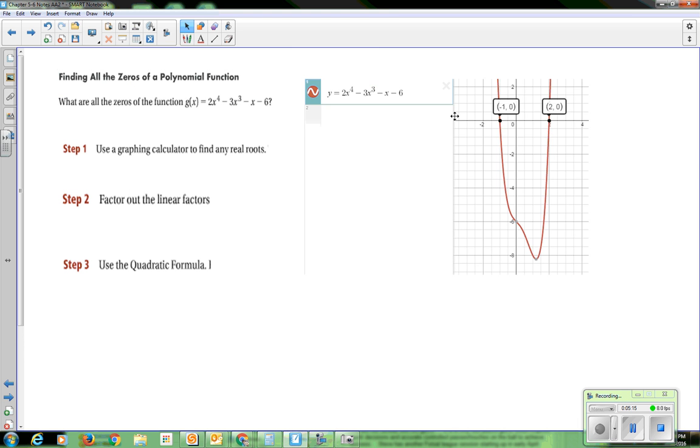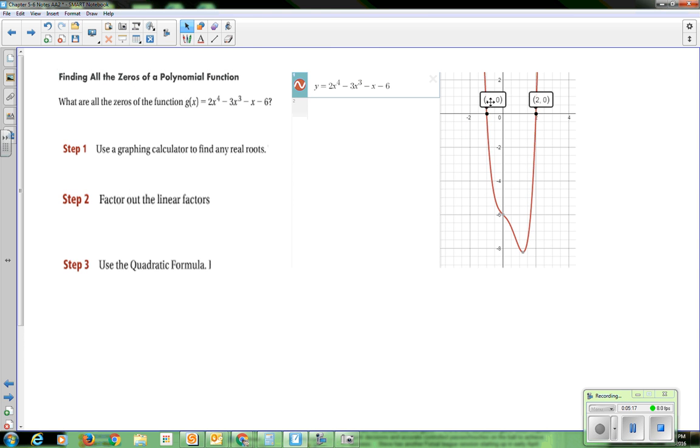So when we put this into Desmos, we find that our real zeros are at x equals negative 1 and x equals 2. So let's mark those down.